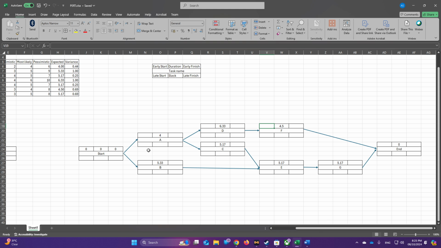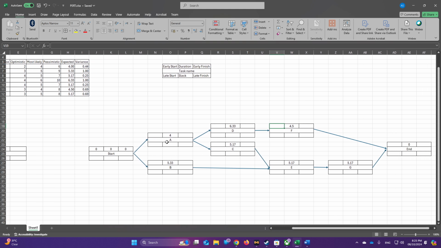We can go and start with filling the early part, early start and early finish. With the early part we go forward, and with the late part we go backward. So we will start with each node and try to reach the end, and then we will go backward.